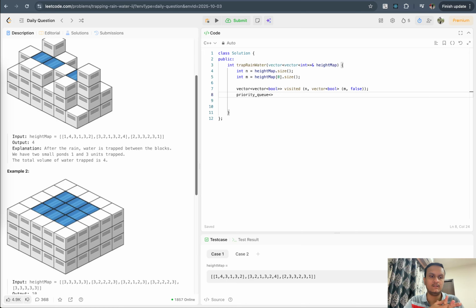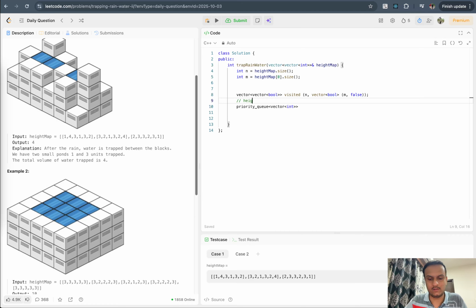First is the cell's height from the height map, and then the cell's position, x comma y, two coordinates of the cell. Should we do a pair inside another pair, or a vector of three elements? Let's keep a vector of three elements here. Let me write it here so we will not be confused after that: height, x coordinate, y coordinate. Name it pq. Now we are ready for the processing.